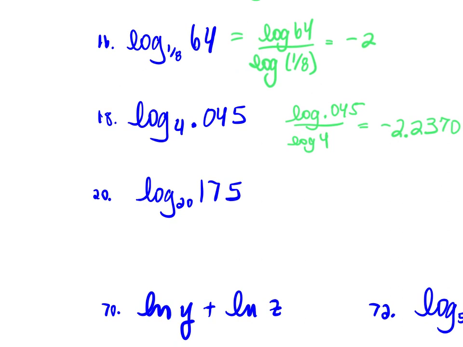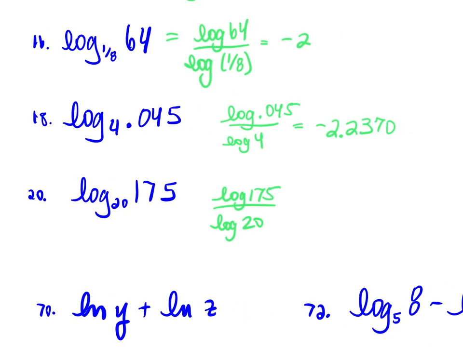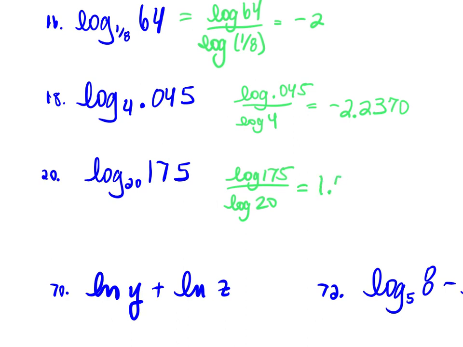And then on 20, I'd have log of 175, log of the big number, divided by log of the little base. So log 175 divided by log 20. And I got 1.7240. So that's how you would solve a problem where you had to use a change of base formula.